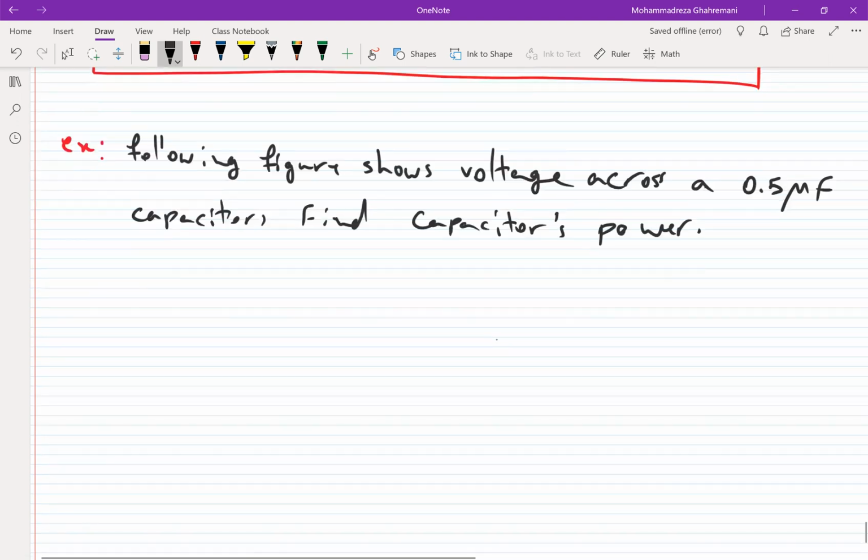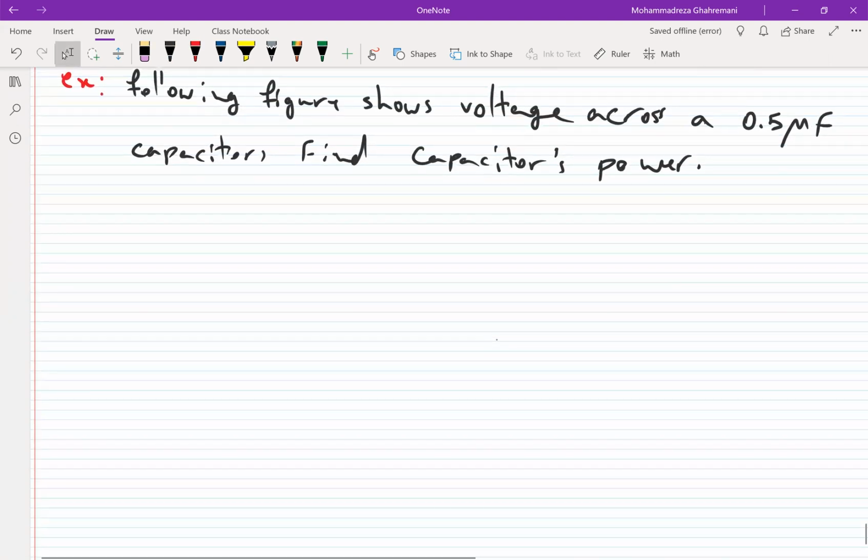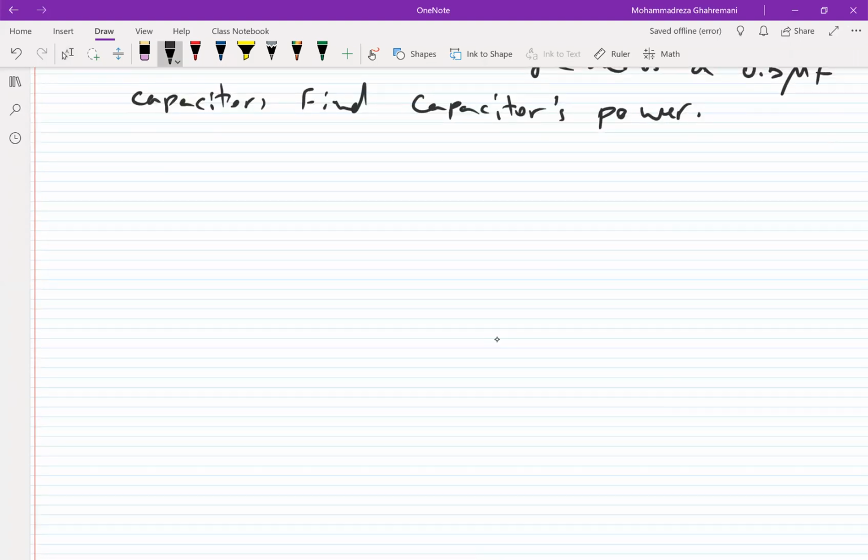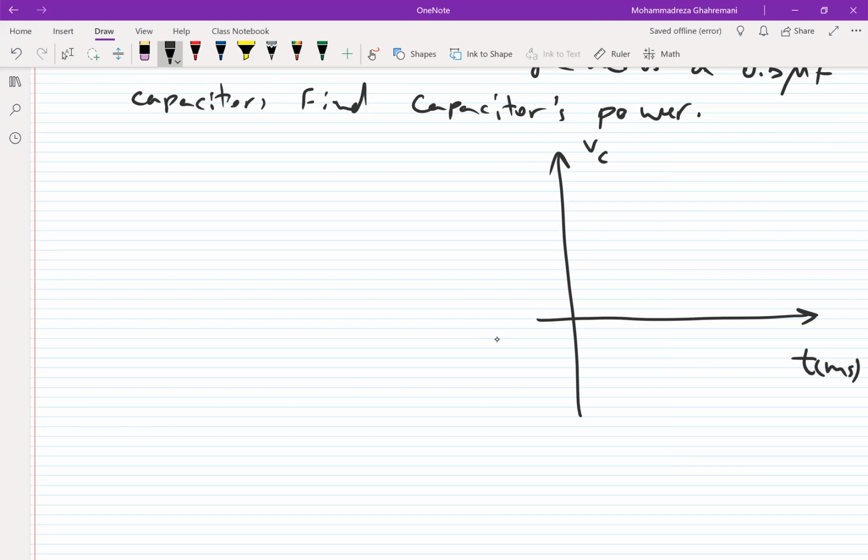Okay, so here is the figure. We have an x-axis and y-axis. The x-axis is time in milliseconds, and the y-axis is the voltage of the capacitor in volts.